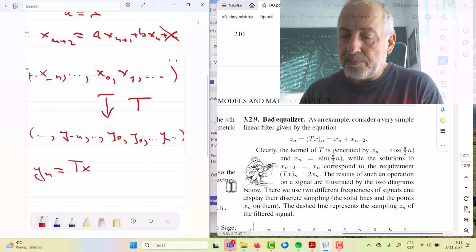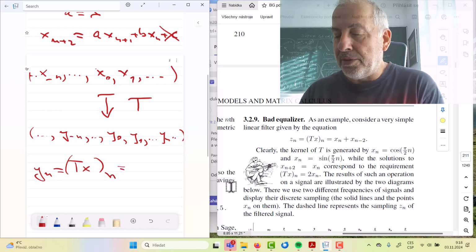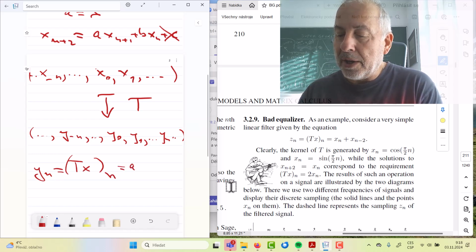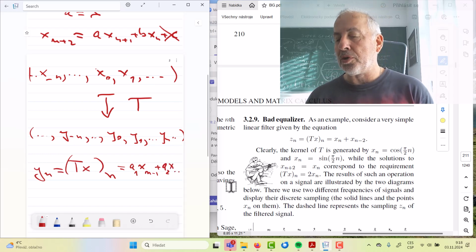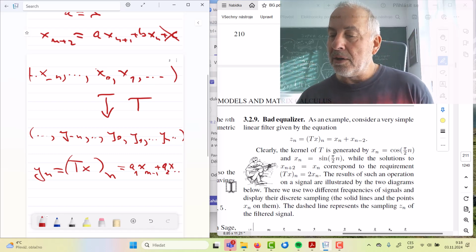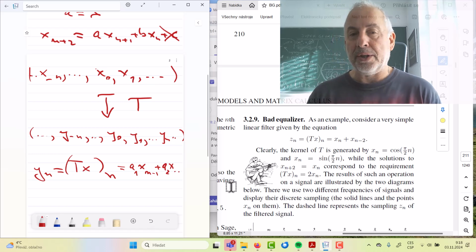which means the n-th entry, and this is something like a_1 x_{n-1} plus a_2 and so on. So it will be some k-th order linear recurrence appearing here, right?